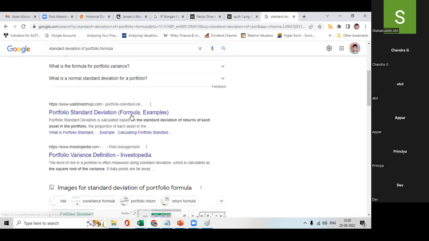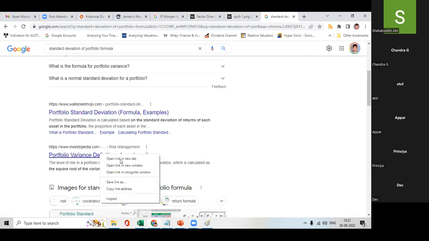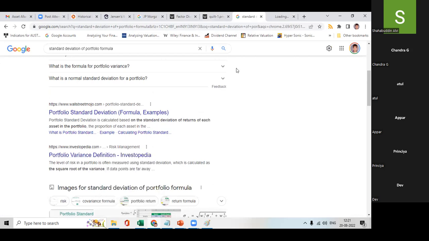Either Wall Street Mojo or Portfolio Investopedia. These are the two standard sites that I would recommend.